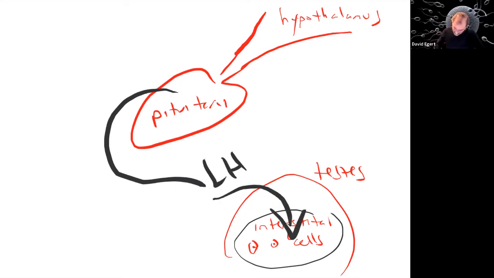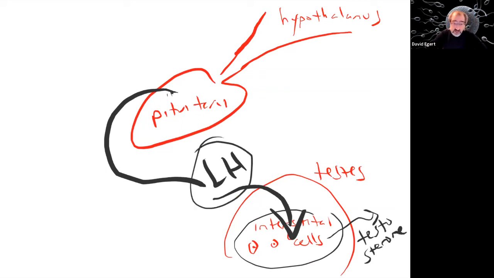LH talks to the interstitial cells, which then release testosterone. What is triggering the pituitary to release LH? FSH? No, that's in parallel. Gonadotropin releasing hormone. Exactly.